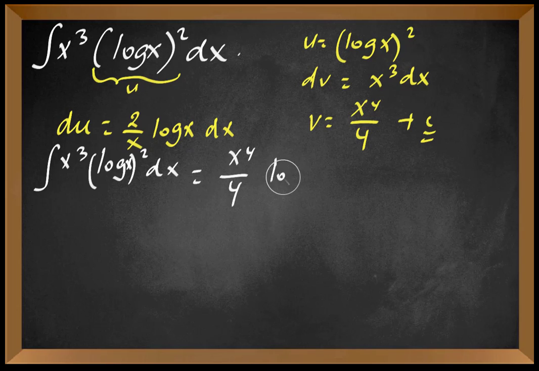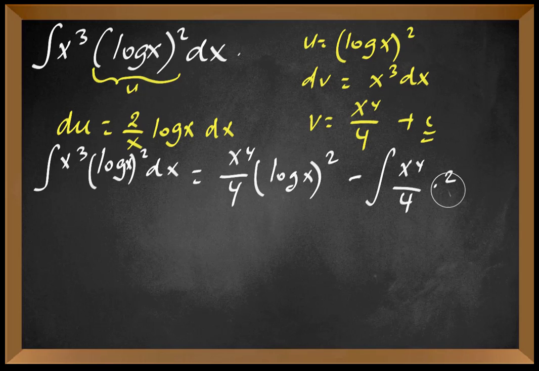Okay, that will be uv. Now minus the antiderivative of v du, that means x to the power of 4 over 4 times 2 over x times log of x dx. Okay, so we have that, and we can simplify this.